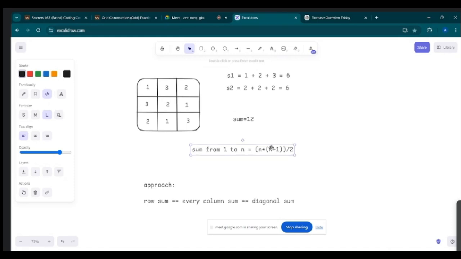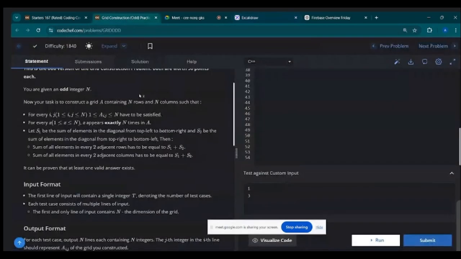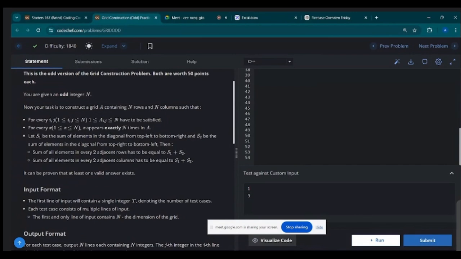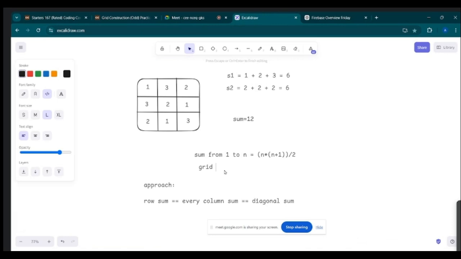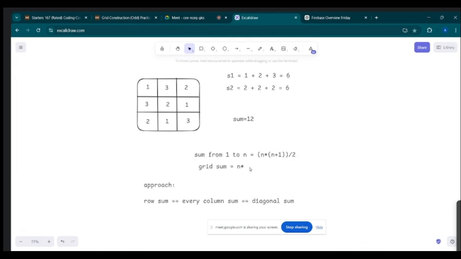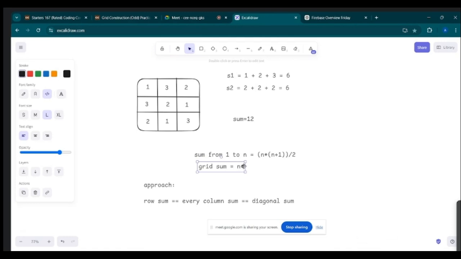So what is the total grid sum? We have been given the second condition that every element appears exactly n times, that is, all elements from 1 to n appear exactly n times. So the total grid sum is equal to n into this sum, right?